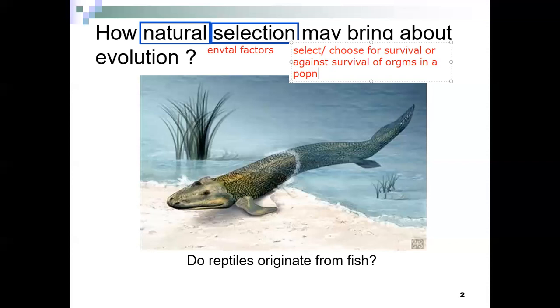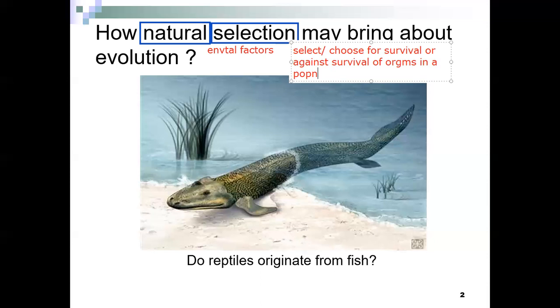The survival of every organism on Earth is dependent on the immediate environmental factors. That's why they say environmental factors play the major role in determining who will survive and who cannot survive. So this is called natural selection.